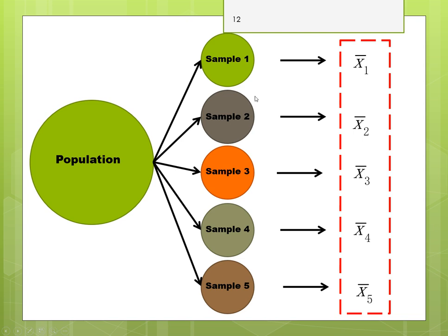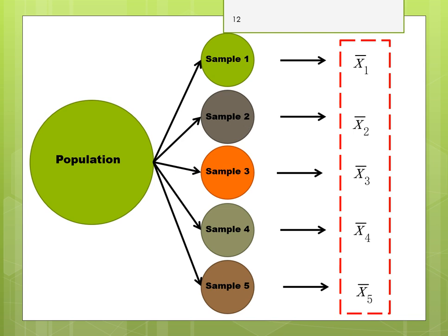Here we will find that maybe these 20 individuals are totally different from sample 1, right? Okay, so when we get sample 2, we can get X bar 2. It's similar to X bar 1. X bar 2 is the sample mean of the second sample, sample 2.